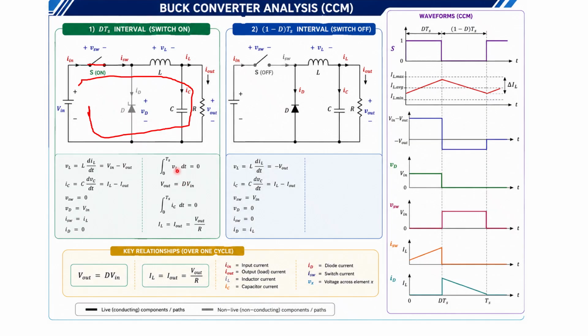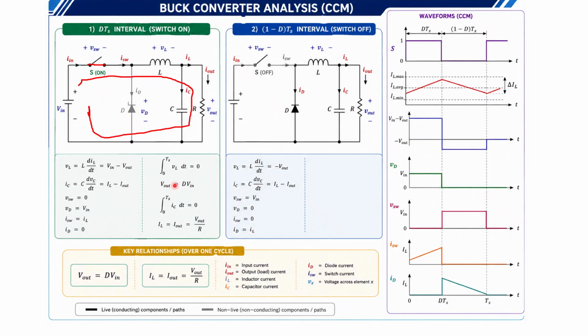Now the VL is the voltage across the inductor. If we integrate the voltage from 0 to Ts for the entire cycle, the inductor voltage is 0, because it is charging in the positive direction and discharging in the negative direction. So the average value or total value will be 0. So integral 0 to Ts of VL dt is equal to 0.